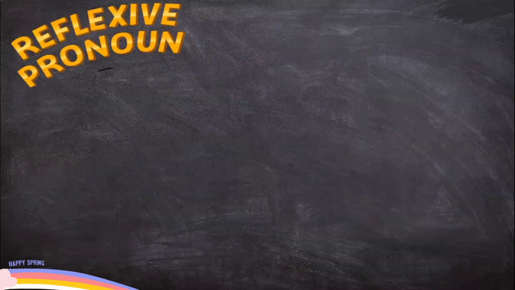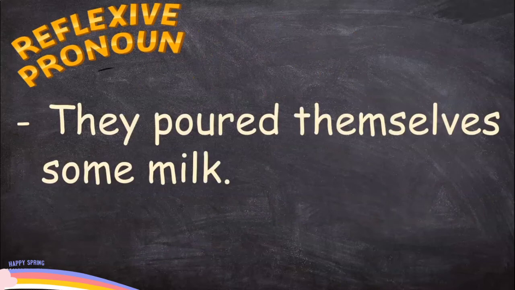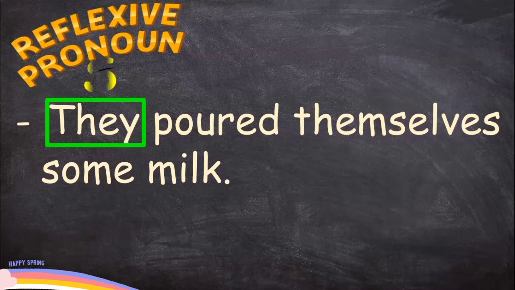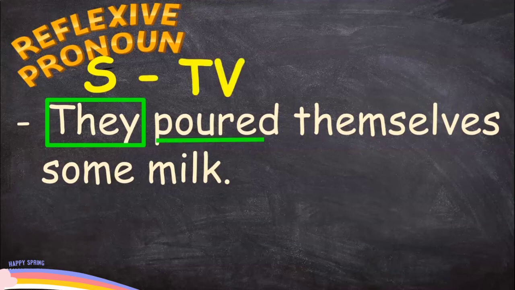Let's have another example. We have, they poured themselves some milk. What is your subject? The subject is they. So they is your topic. What is their action? The verb is poured. What did they pour? Milk.